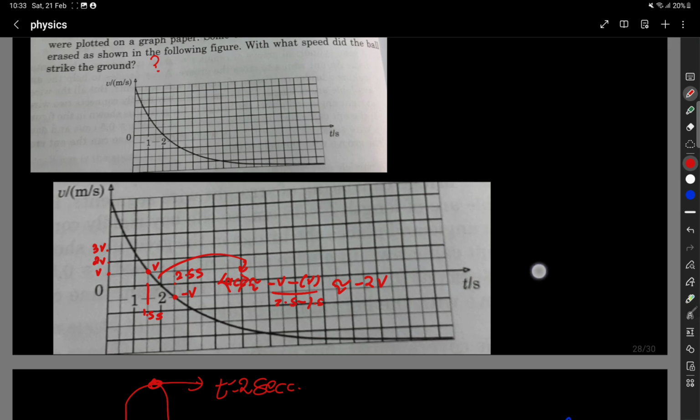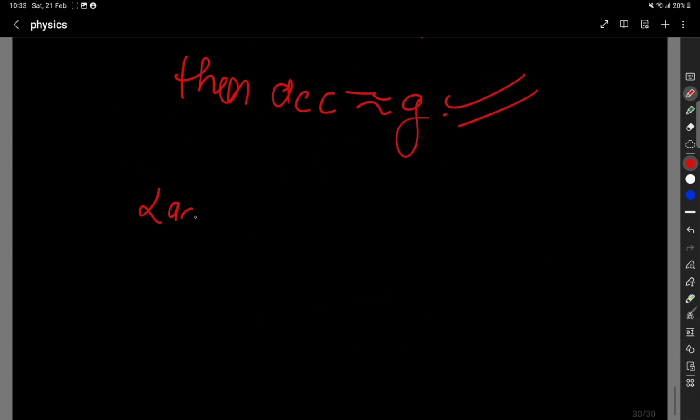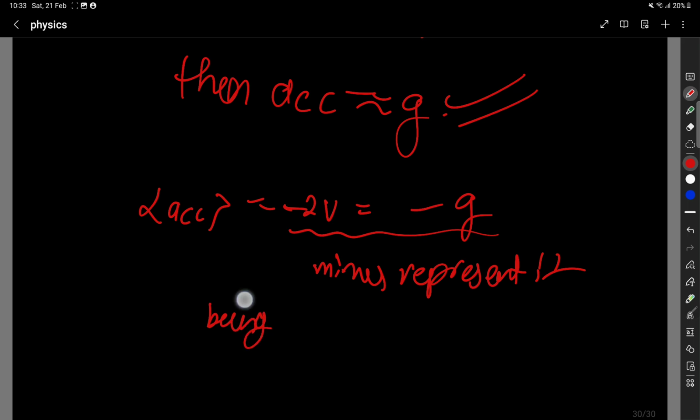So the average acceleration is minus 2V, where minus represents it being opposite to the V vector initially.